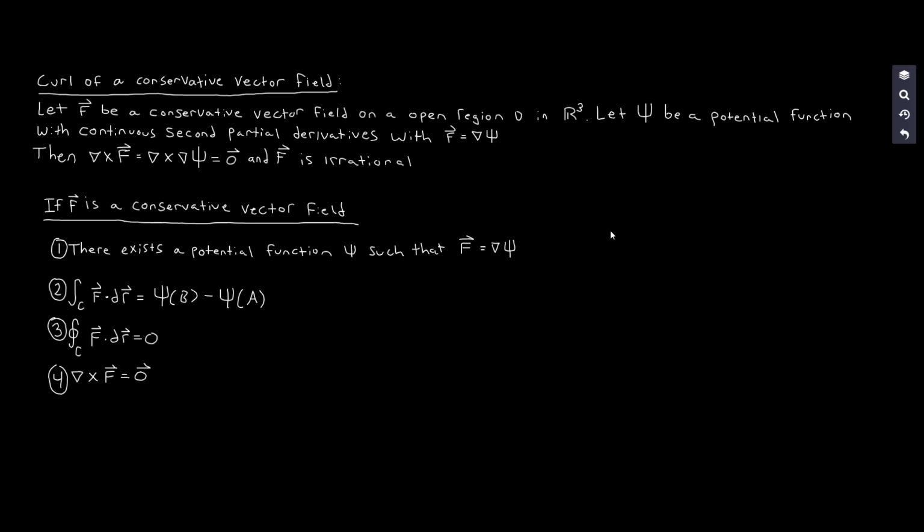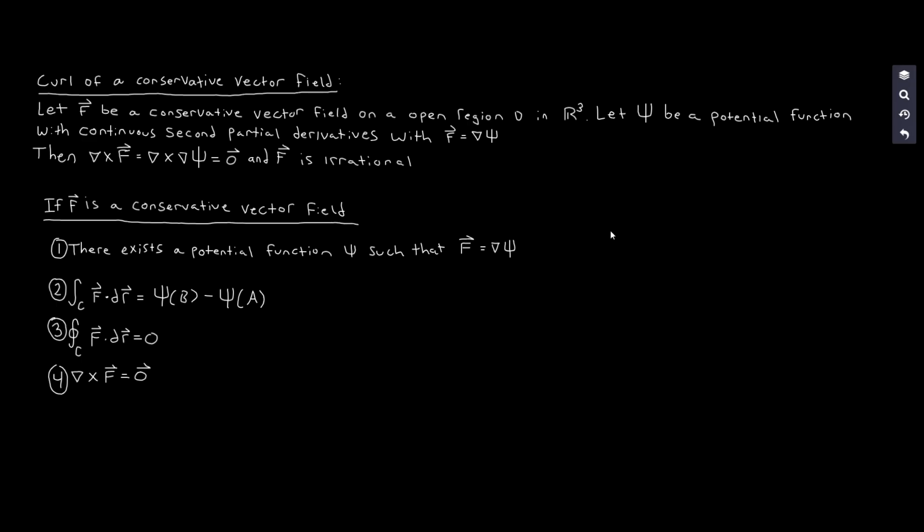So let's talk about the curl of a conservative vector field. Just remember that a conservative vector field is a vector field that is a gradient. Now, if we let vector f be a conservative vector field on an open region D in 3-space, we can let psi be a potential function with continuous second partial derivatives, with vector f equaling del psi, that is the gradient of psi.